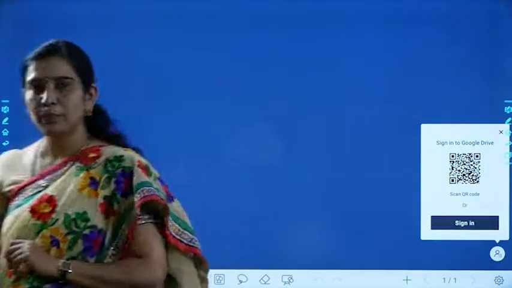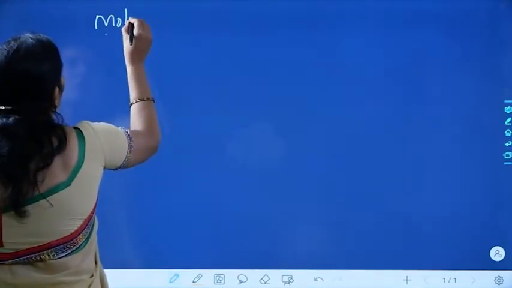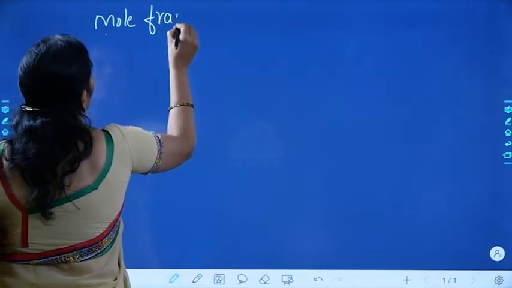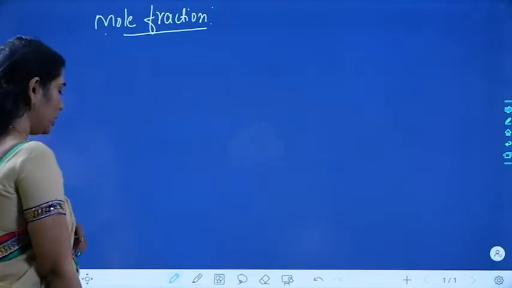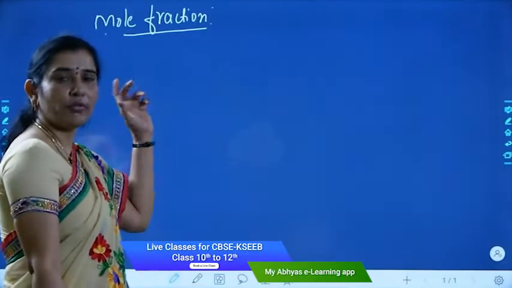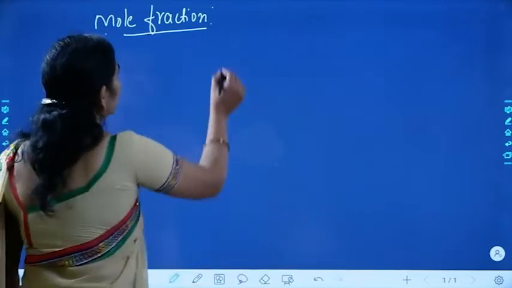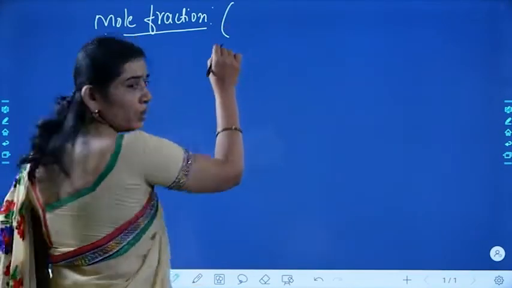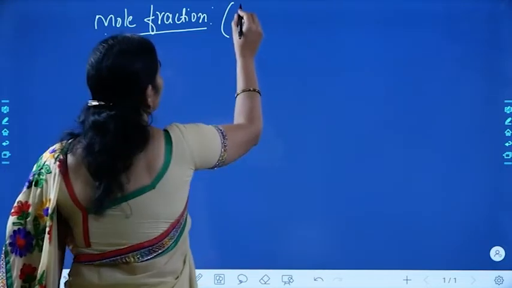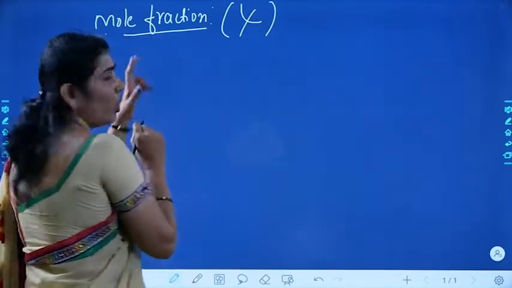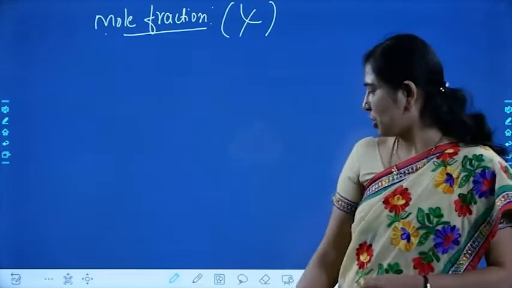You studied this mole fraction concept in your class 11 or first PUC. You can represent mole fraction in the form of chi. So this is about mole fraction.